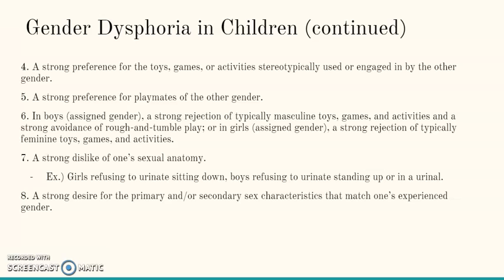The sixth is, in boys, a strong rejection of typically masculine toys, and for girls, a strong rejection of typically feminine toys. The seventh is a strong dislike of one's sexual anatomy. So some children may refuse to urinate standing up or sitting down, depending on their identified gender. And the eighth is a strong desire for the primary and or secondary sex characteristics that match one's experienced gender.